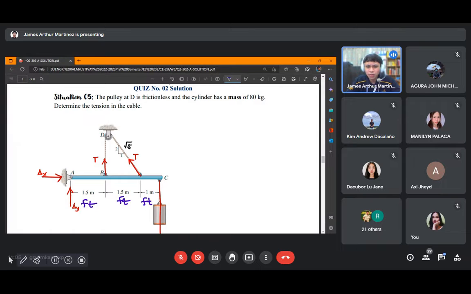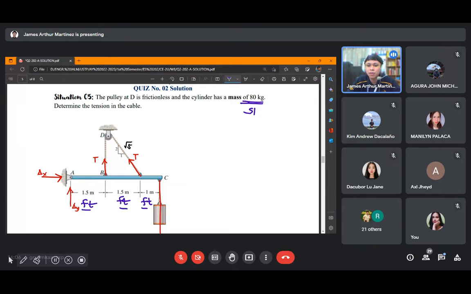So if ever you encounter this kind of problem where your units do not coincide, where the mass is in kilograms, in SI, and your distances are in feet, in US customary units, what you just do, class, is consider the majority unit as the unit for your final answer.